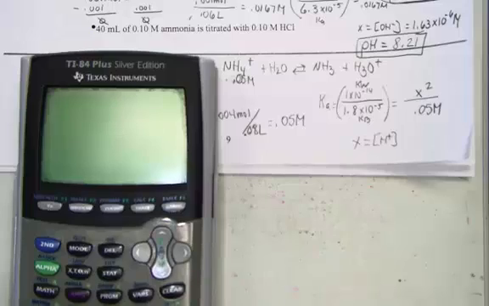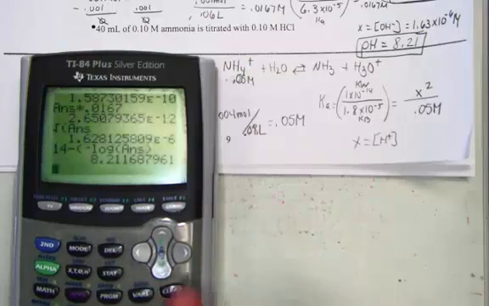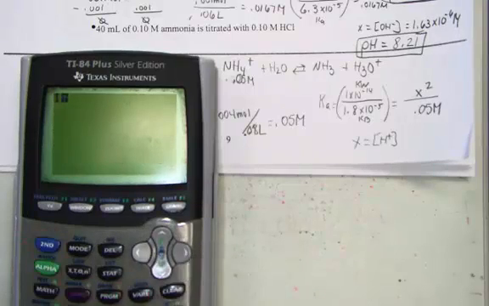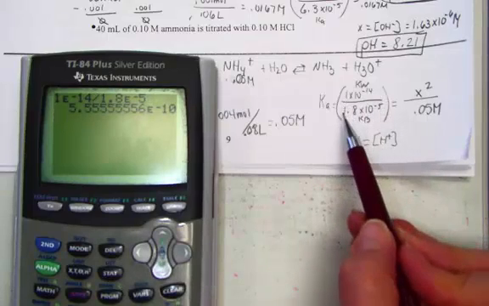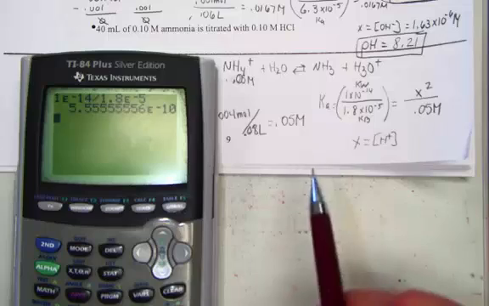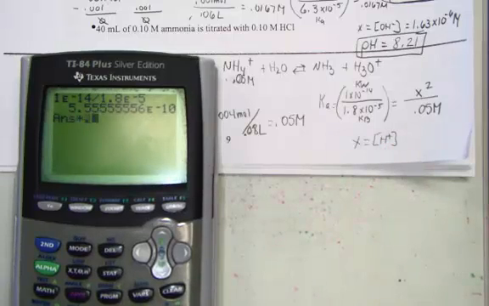So we'll solve for x. 1e negative 14 divided by the known Kb for ammonia, 1.8 e negative 5. It has now been converted from a Kb into a Ka. We'll cross multiply by the 0.05 molar concentration of the ammonium ion, and now that's equal to x squared.